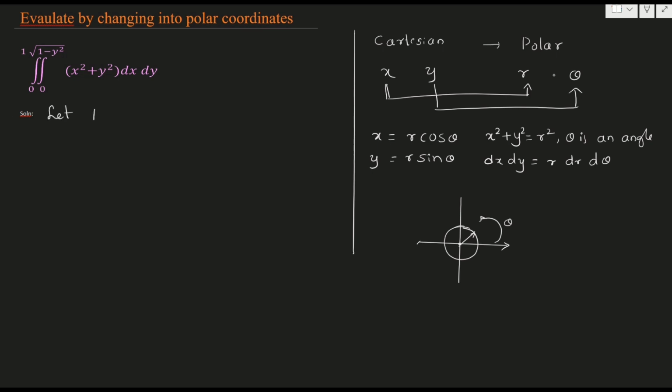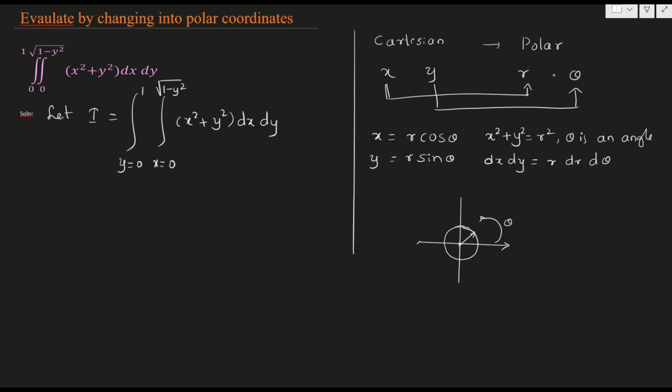Let this be I. Here we have dx and dy, that's why these limits: y from 0 to 1, and x from 0 to square root of 1 minus y square.